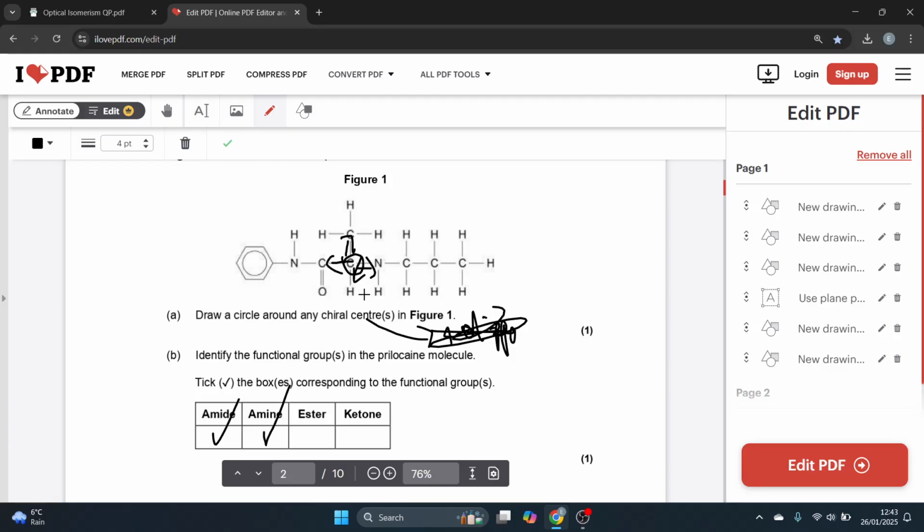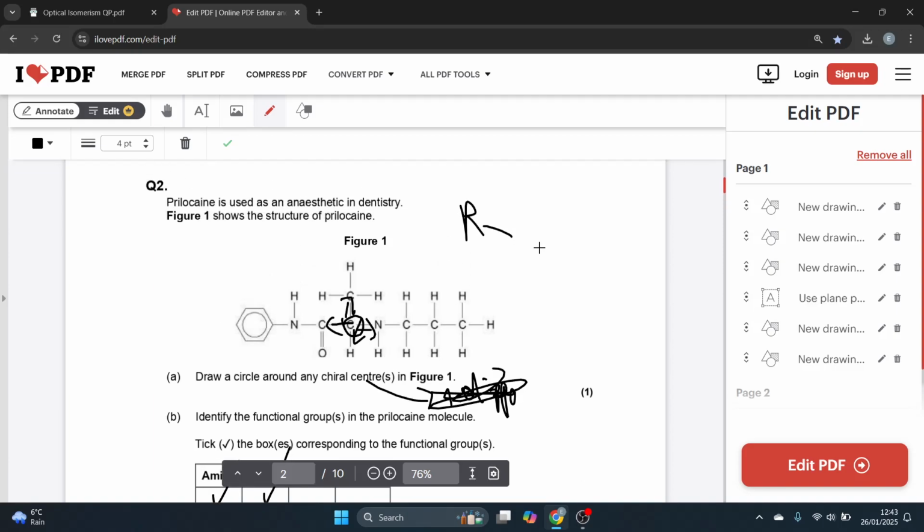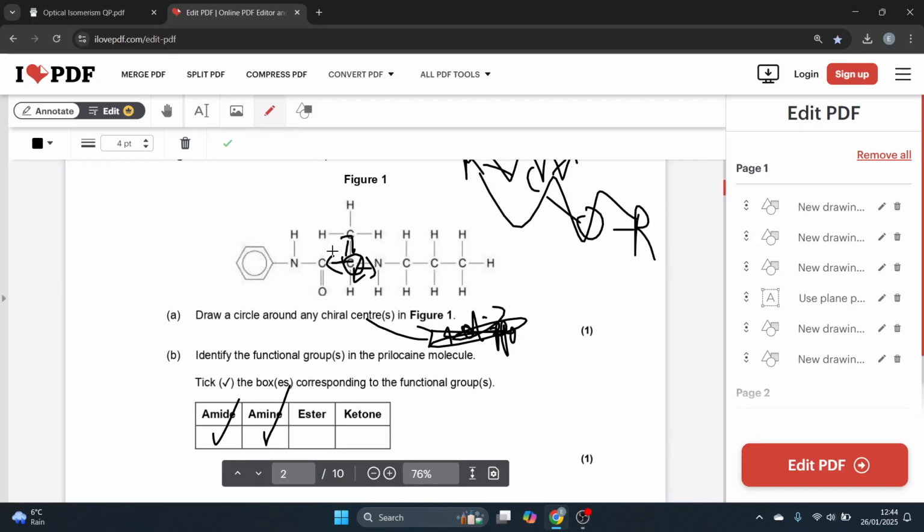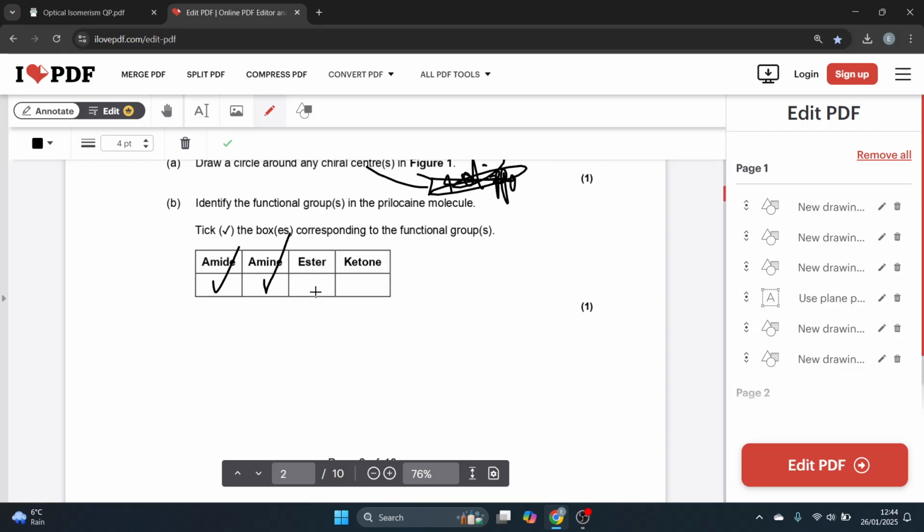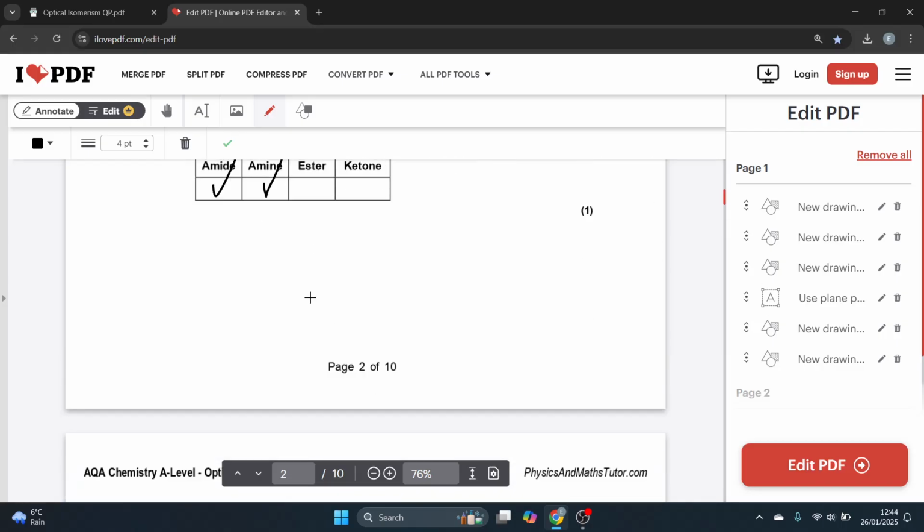Ester, definitely not, because remember in an ester, you've got the oxygen and then your R group attached to it. You have not got any of these like that. You're not bonded to a single oxygen. And ketone, no. The carbonyl functional group is not at the end of the carbon chain. It's not that. So it's amine and amide.